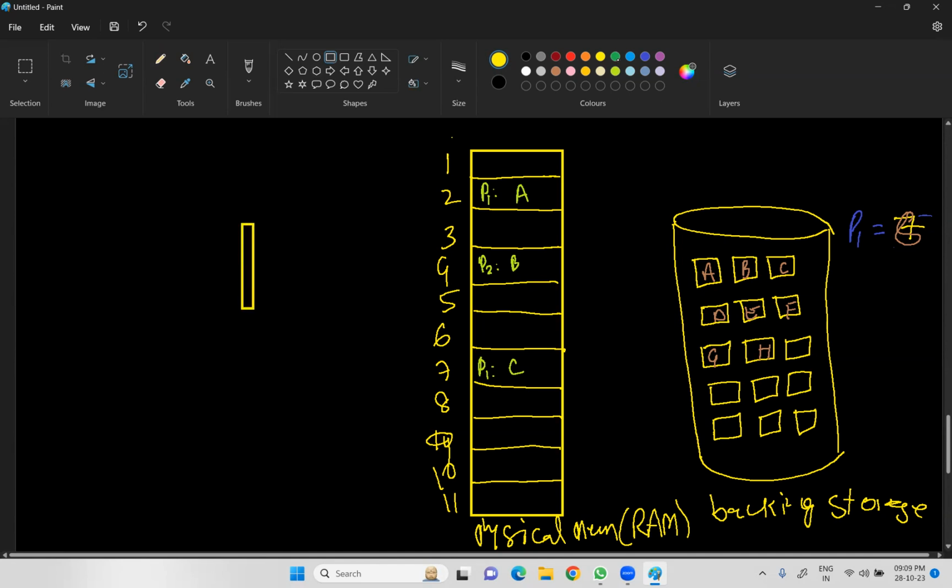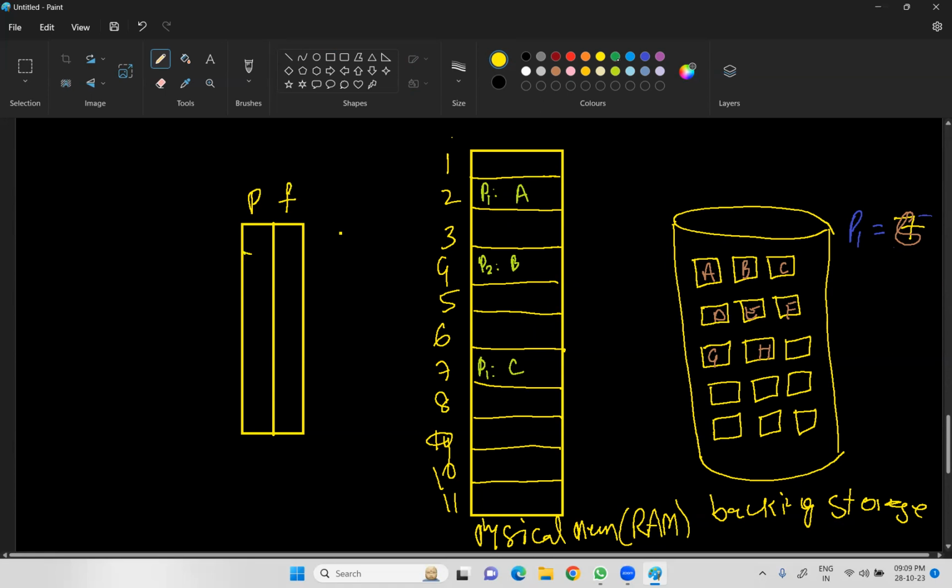This is my process one's page table. The first column is page number, the second is frame number. Let me write P and F, page number and frame number here.